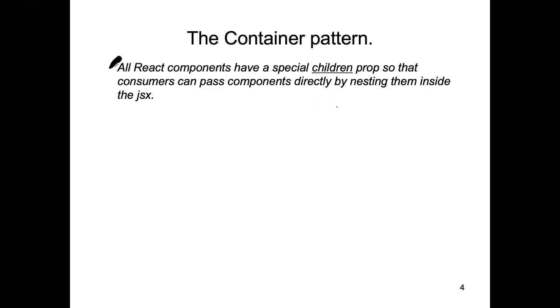Now, I'm saying here that a React component has a special prop called the children prop. It has been there all the time, but we haven't used it up to now. And what it allows us to do is to pass components to other components. And we do that by nesting it within the JSX.